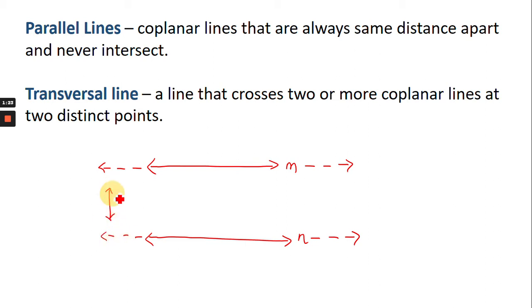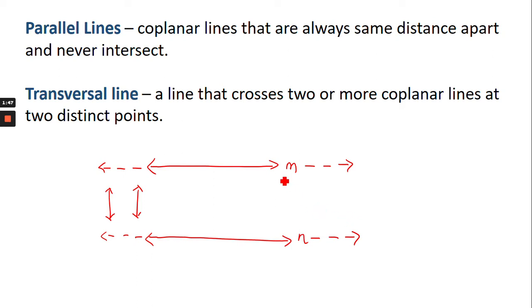And because they have the same distance to each other, all the points in this line are the same distance to each other, therefore they will not intersect. So basically when you say parallel lines, these are lines that do not intersect, no matter how you extend these two lines.